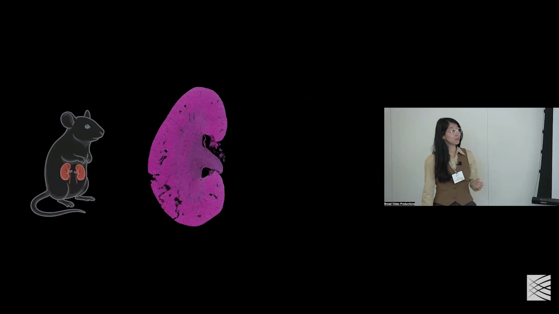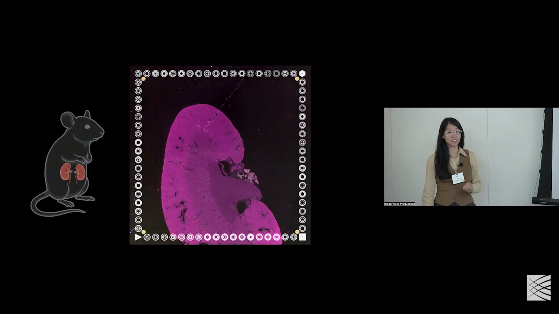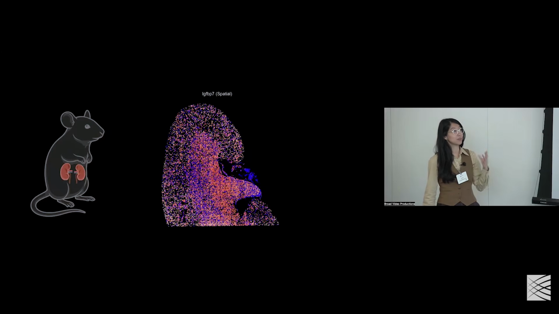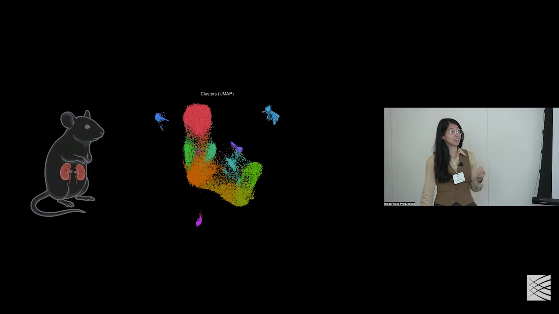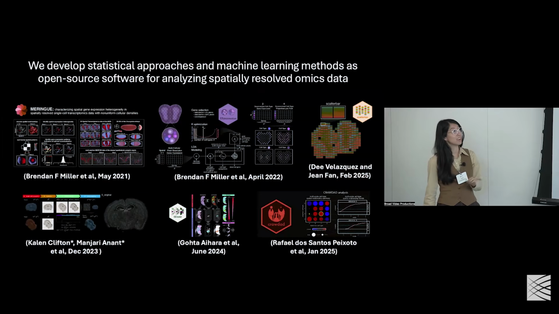So we do a lot of work with mouse, and we can take, for example, a mouse kidney and subject it to 10x Visium HD in this case, which allows us to measure not only what genes are expressed in the tissue, but of course then also which cells express these genes. That allows us to do all the fun dimensionality reduction and clustering that we saw with single cell RNA sequencing, but of course now project that all back onto the original tissue.